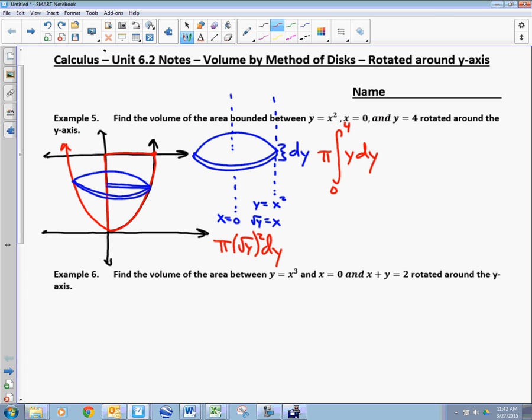Now just note that this intersection point here occurs at 2, 4, and this one occurs at negative 2, 4. So if you did x's, you would go from negative 2 to positive 2, but that wouldn't make any sense. Okay, we're stacking them from down here to up here. So therefore we have 4 as our y value. Make sense?